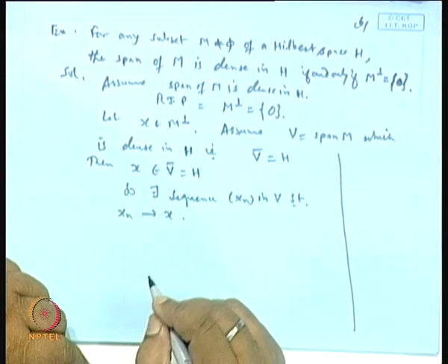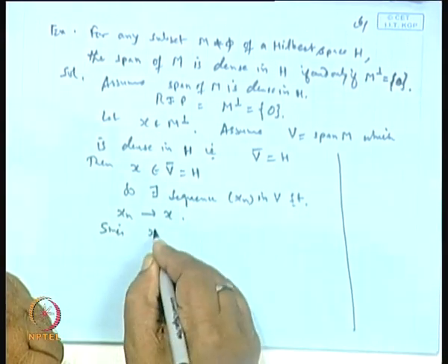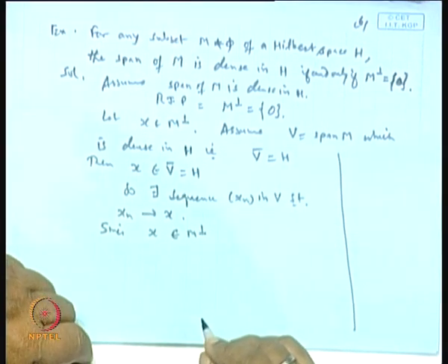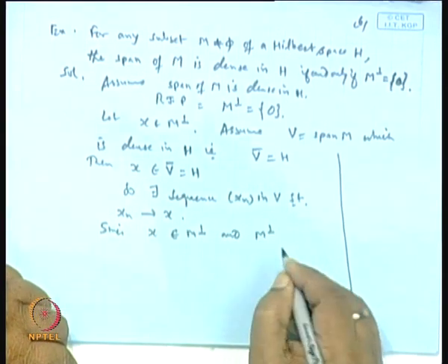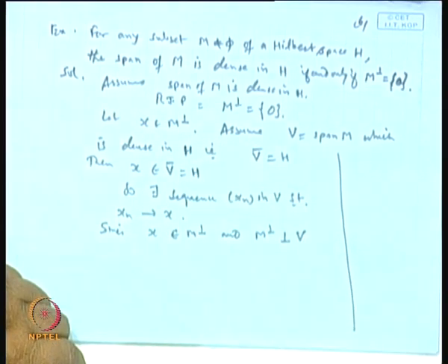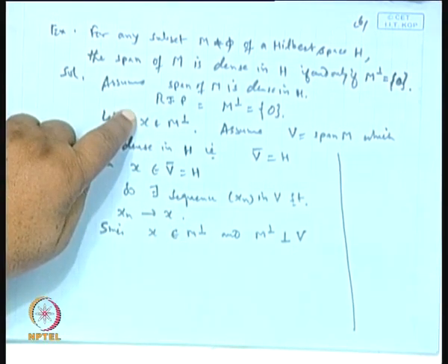Now, since x is a point belonging to M perpendicular, the orthogonal complement of M, M perpendicular is perpendicular to V. Why? X belongs to M perpendicular, this is our assumption.